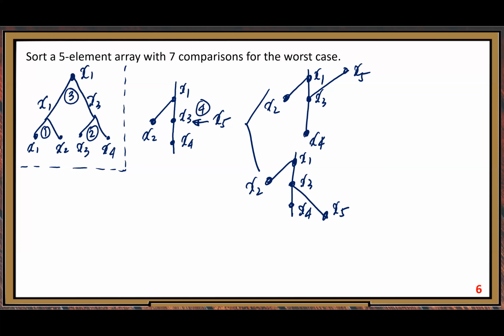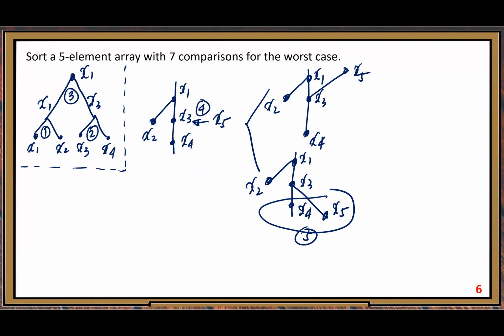Easier case, because let us do comparison x4 and x5, that is comparison number 5. Because after we do the comparison of x4 and x5, we get 4 elements sorted: 1, 3, 4, 5.